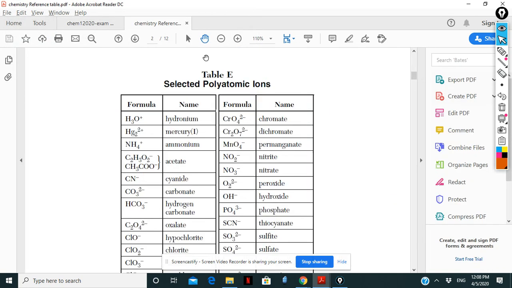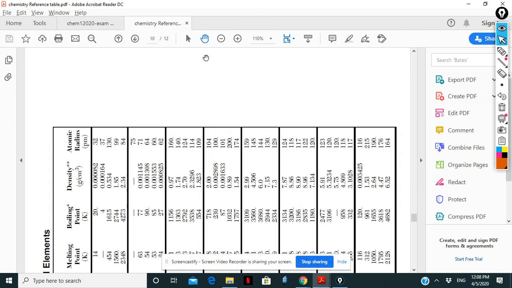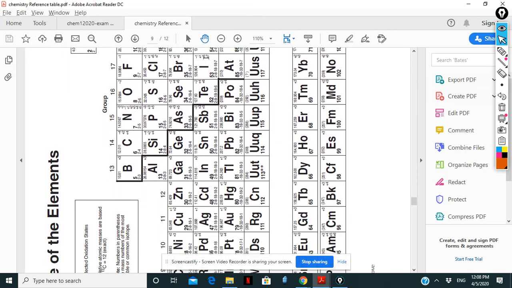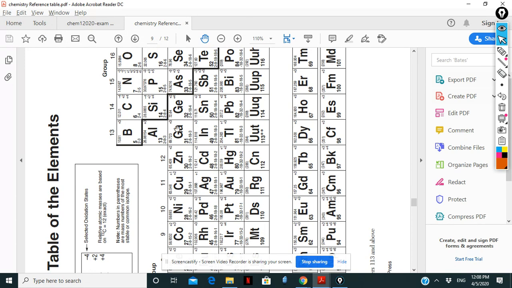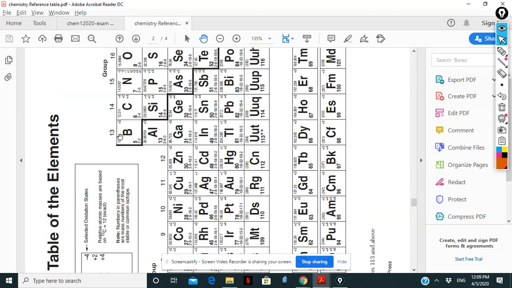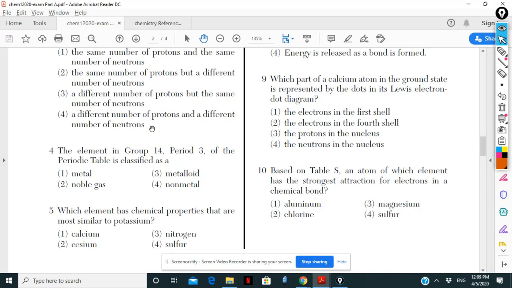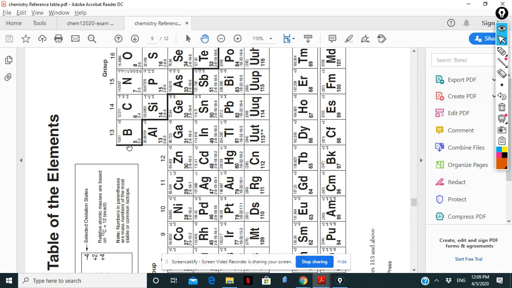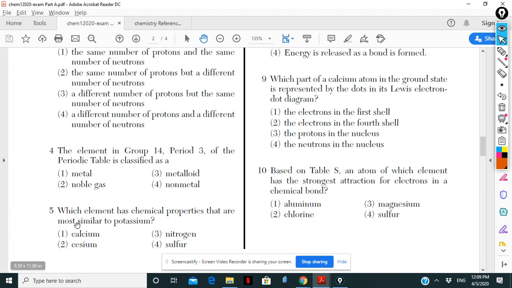He's talking about group number 14, period 3. Group number 14, period 3. So he's talking about silicon, and how that element is classified. It's on the stairs, so that's a metalloid. So the answer is 3.